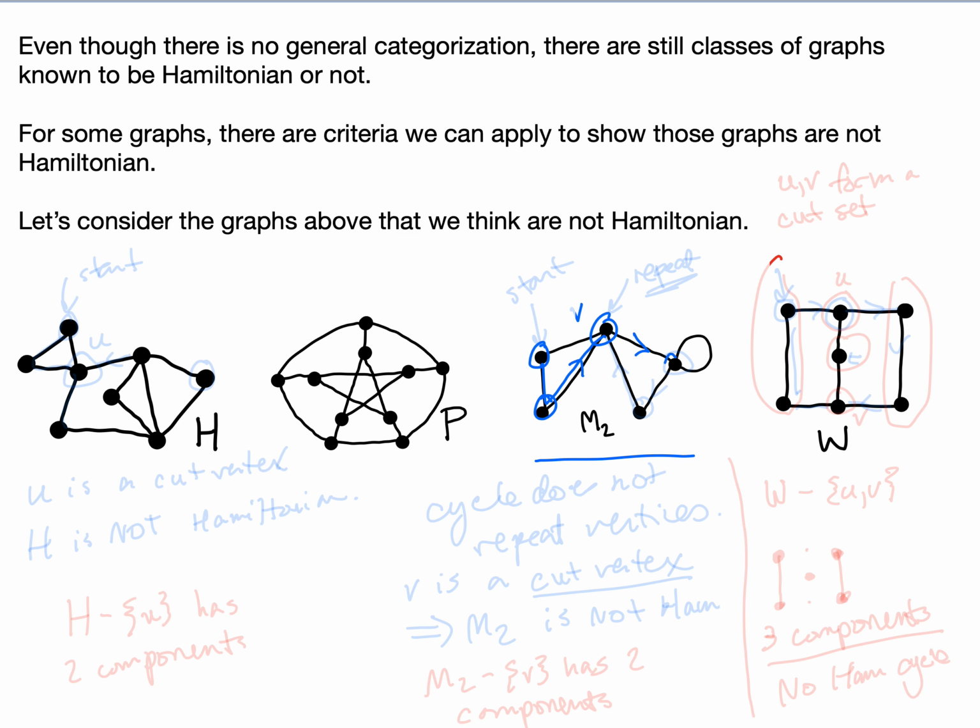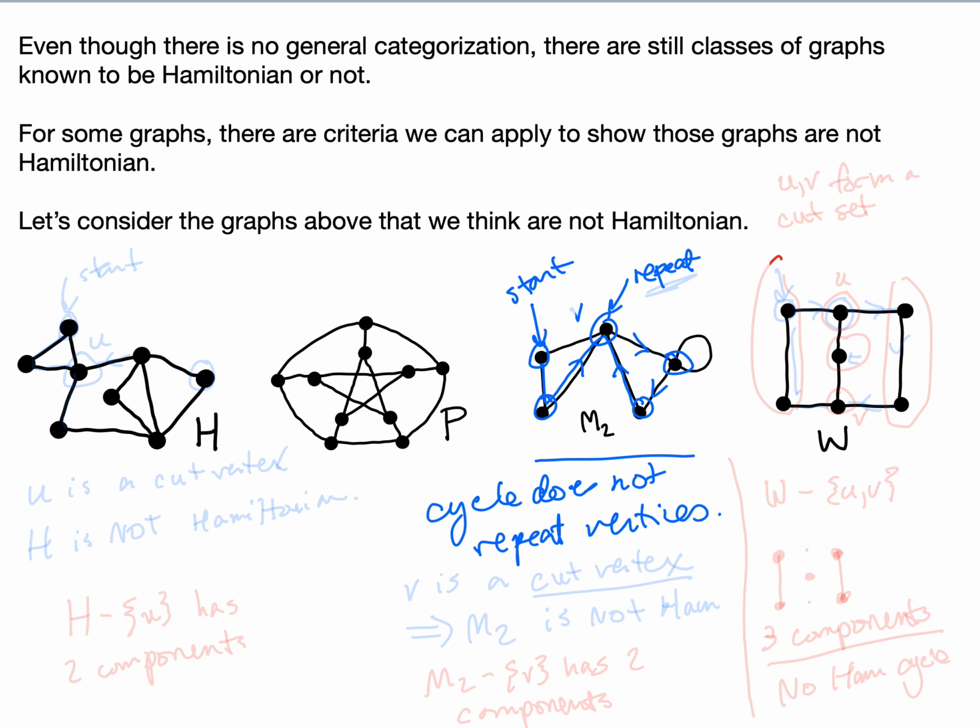Let's say that we visit this vertex next, and then this vertex, and then go back. To get back to where we started, to complete the cycle, we would need to visit this vertex again. We would need to repeat this vertex. But by definition, a cycle does not repeat vertices.